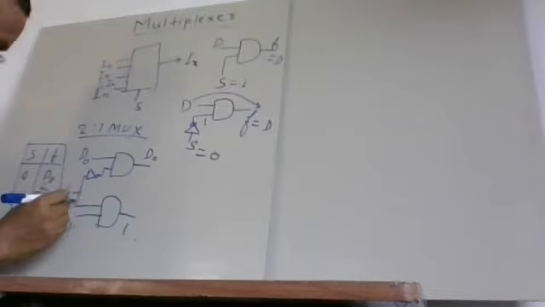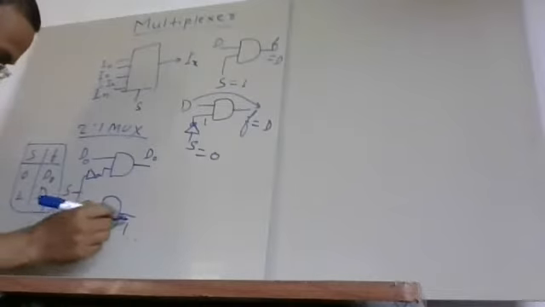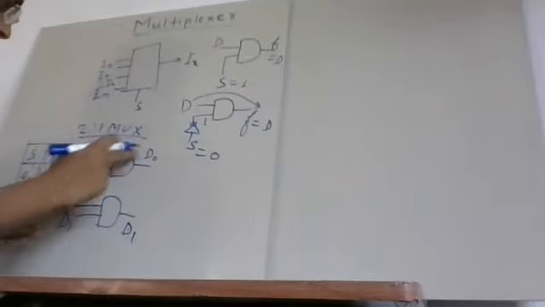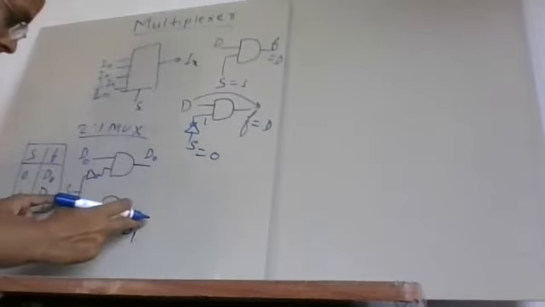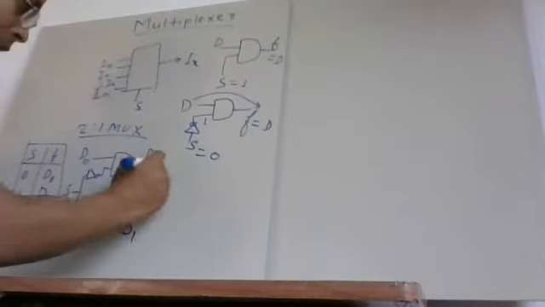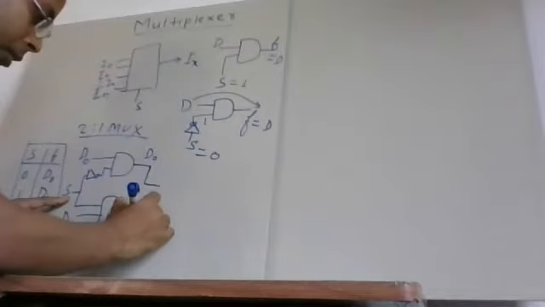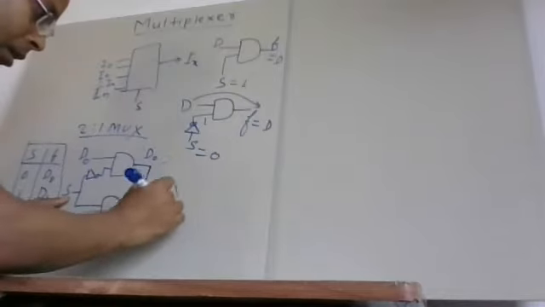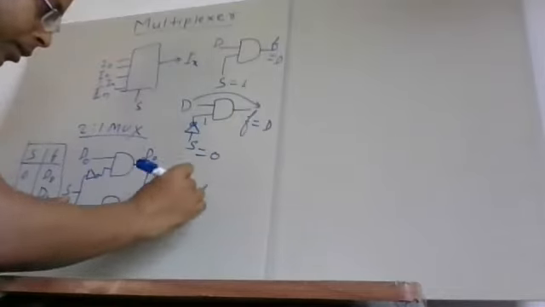So when S is equal to 1, it transfers D1 here. So here D0 and D1 we are getting. D0 we get when S is equal to 0, and D1 we get when S is equal to 1. Both of these are fed to one OR gate, and the output will be F.